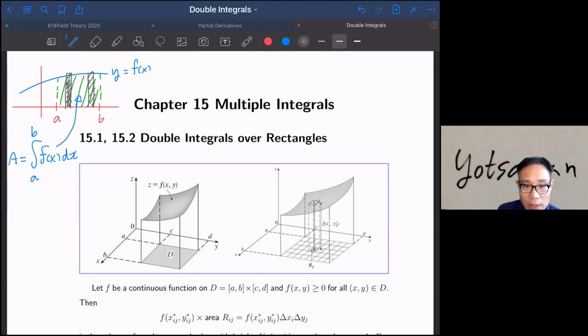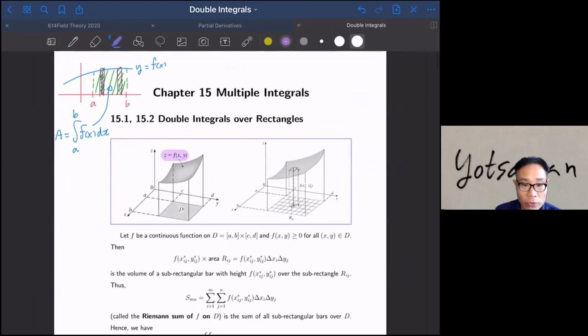However, in calculus 2, you begin with your surface z equal to f(x,y) up here, and you see that you have the domain of your f(x,y), which is the rectangle D down here. If you divide the rectangle D into a grid like this one, you'll be able to compute the volume of each bar.